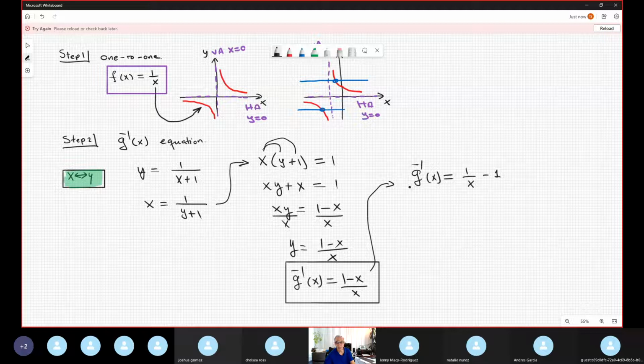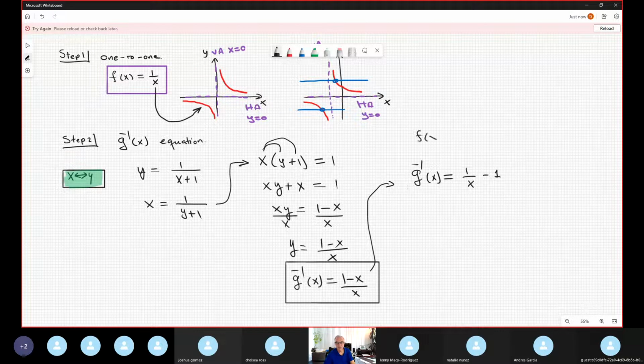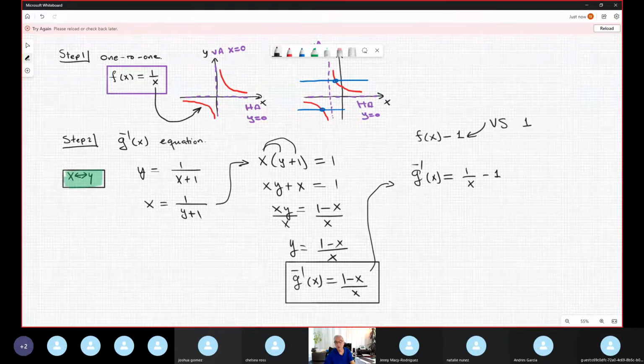But the only thing that we are doing in this graph is subtracting 1. That is f minus 1. So this -1 represents a vertical shift of 1 unit down.